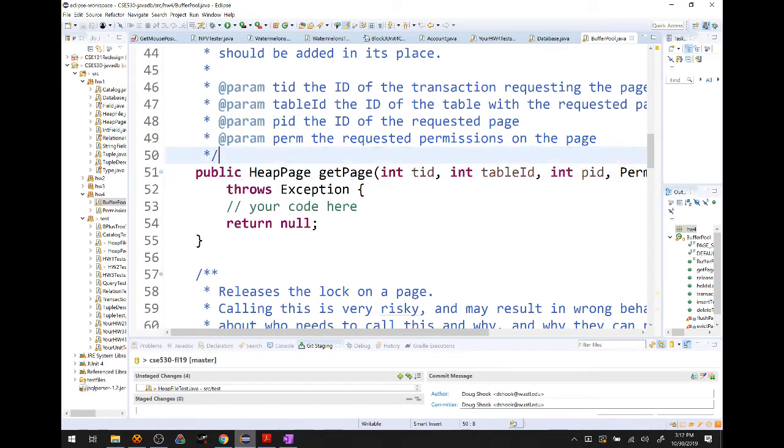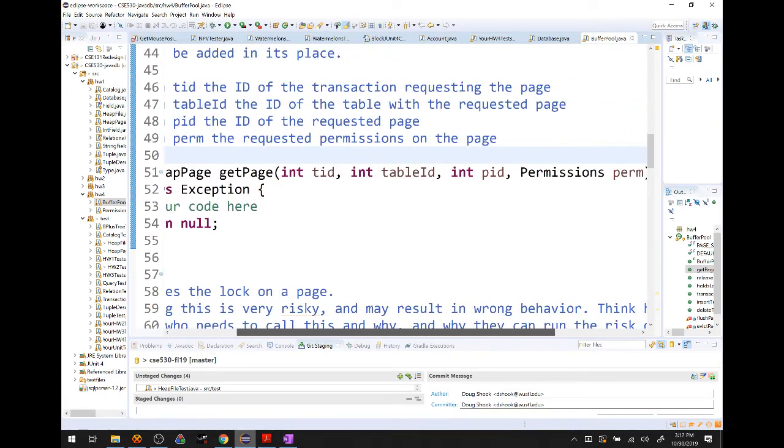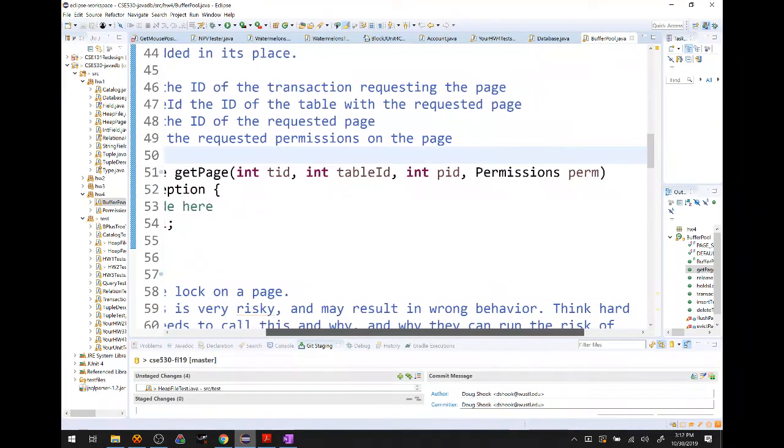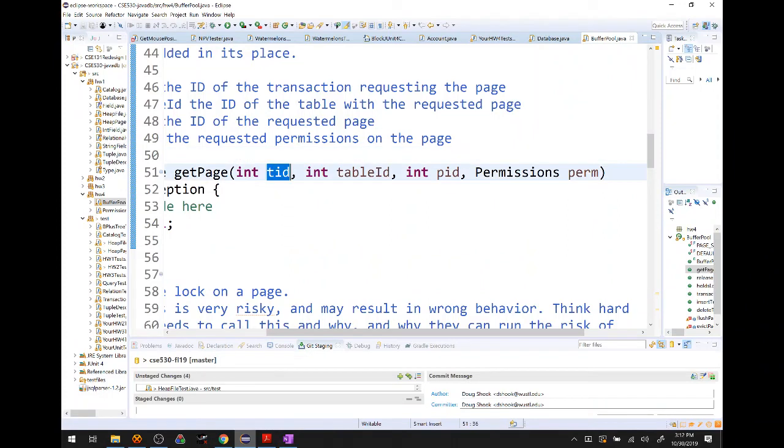The very first method after the constructor, get page, is a very, very important method. If we look at the parameters to get page, we can see that I've got some various values here. TID is the transaction ID.